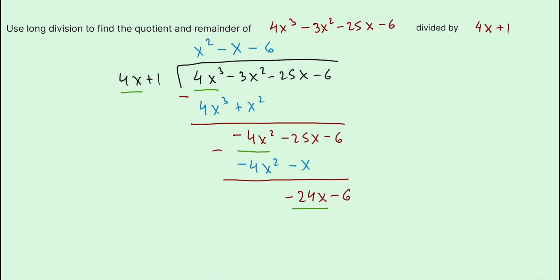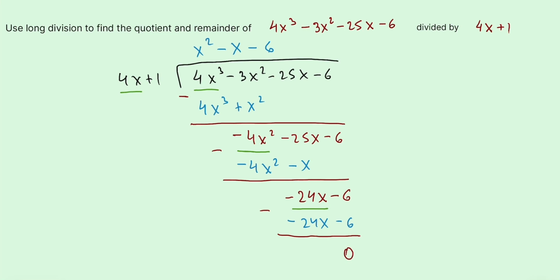Now we multiply negative 6 by 4x plus 1, and we get negative 24x and negative 6. We subtract these two values: 0 for the x terms, and negative 6 minus negative 6 is also 0. So the remainder is 0. Therefore, the answer is x squared minus x minus 6.